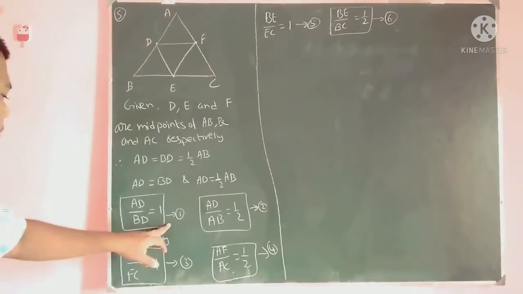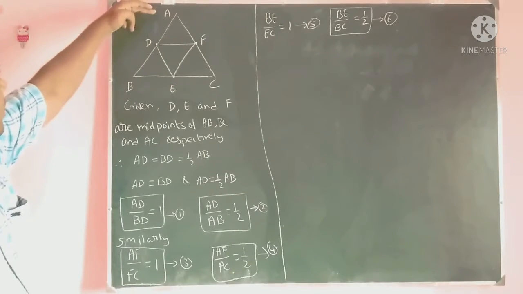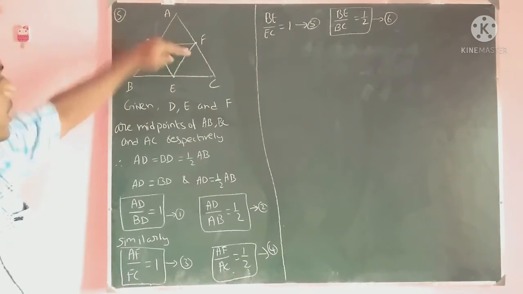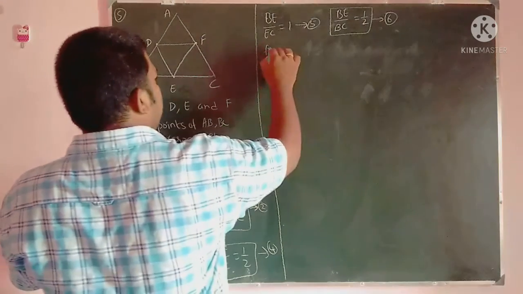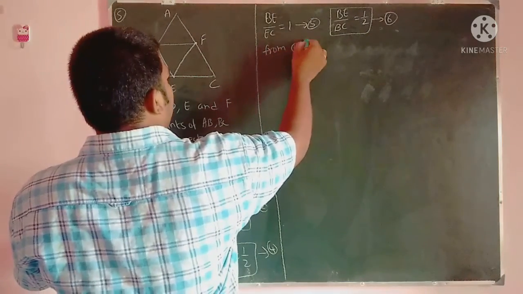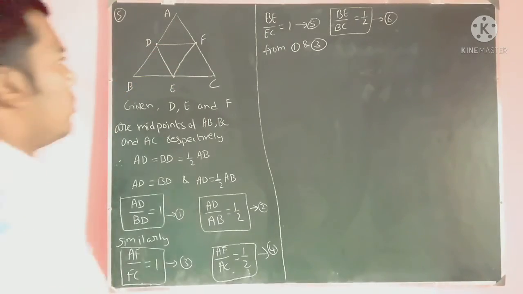Now see, from 1 and 3 here, that means DF divides the sides AB and AC in the same ratio. So from 1 and 3 we can say DF divides the sides in the same ratio.